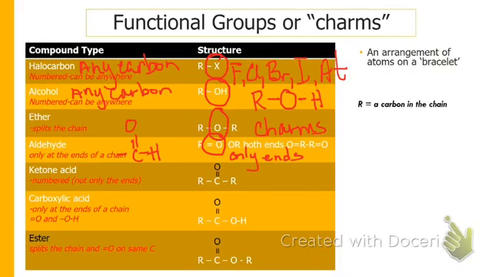A ketone is a double bonded O attached to a carbon in the chain. Now this is interesting. Notice that the double bonded O of the carbon in the aldehyde looks like the double bonded O of the carbon in the ketone, but notice that the double bonded O to the carbon in the ketone has carbons on either side.